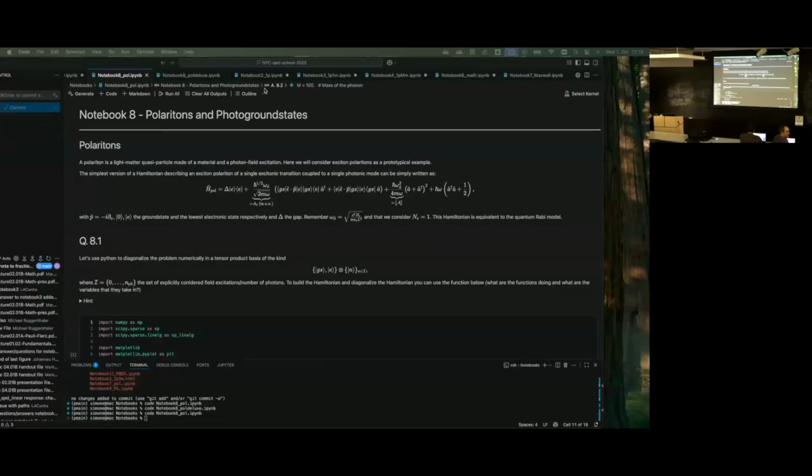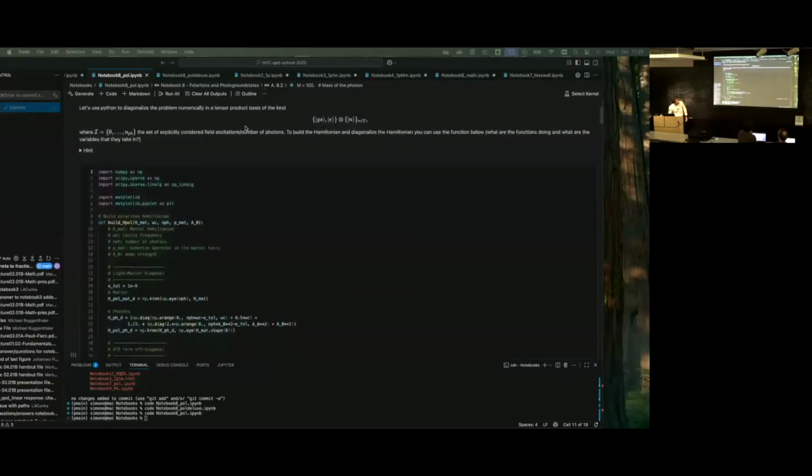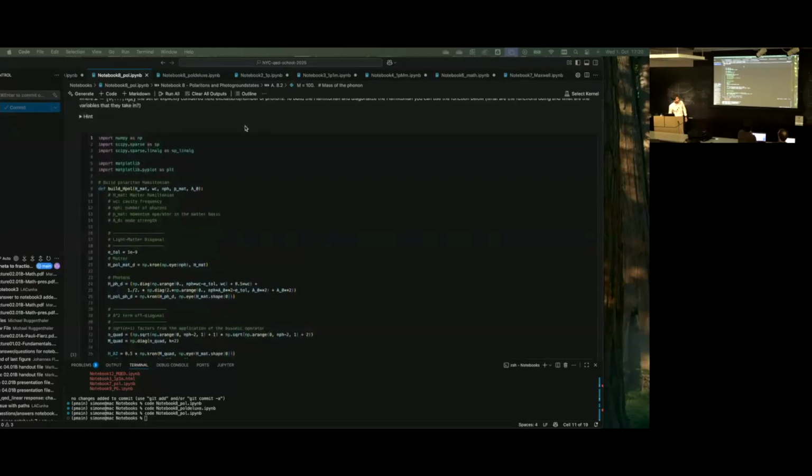Looking at this building Hamiltonian part, I'm confused about the first function, the PMAT.